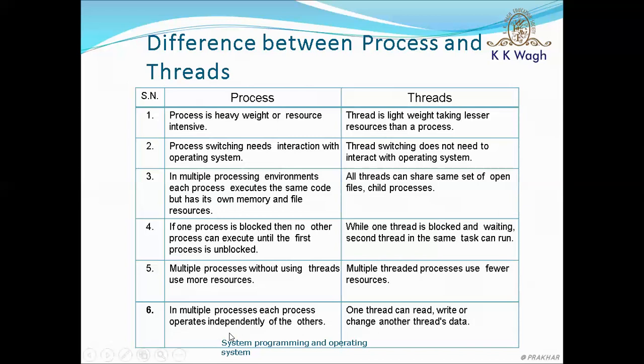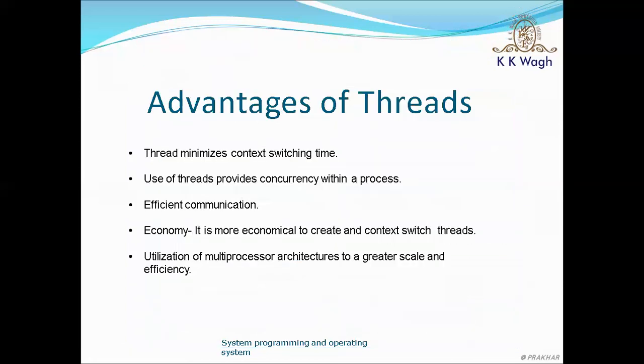Finally, in multiple processes, each process operates independently of the others, while one thread can read, write, or change another thread's data. So this is the difference between process and threads. Let us move towards the next slide.